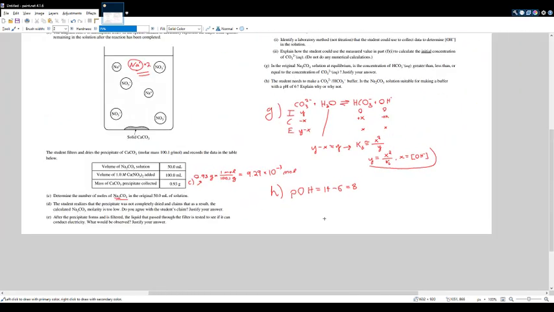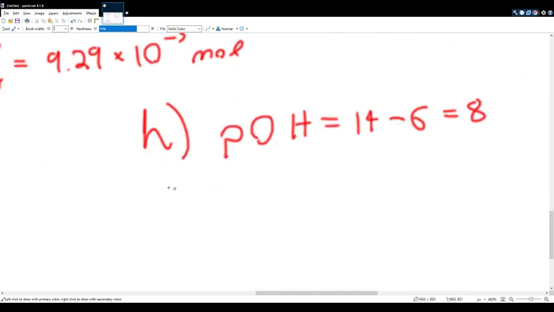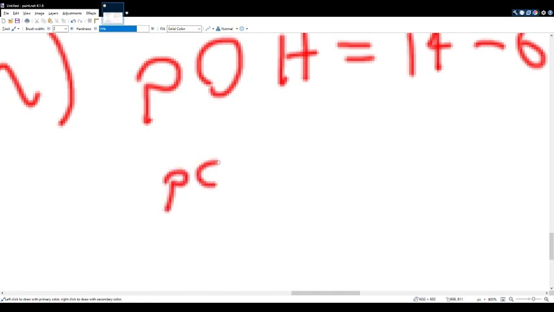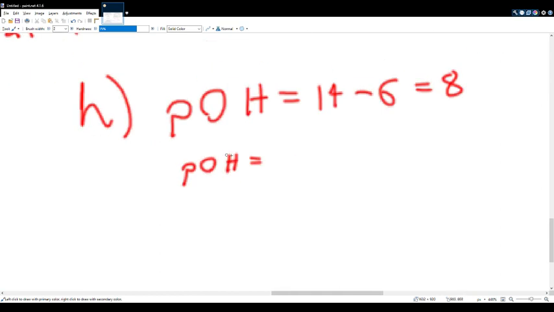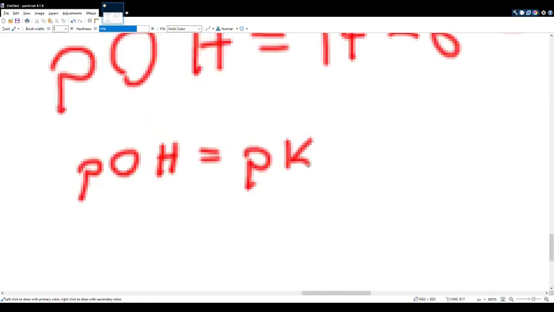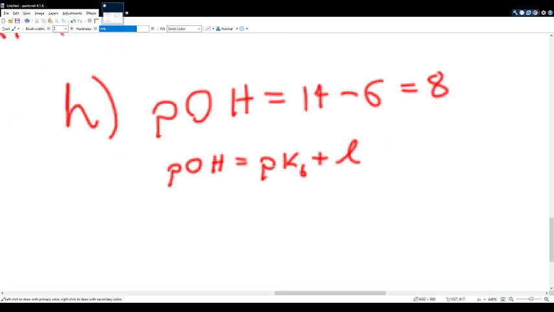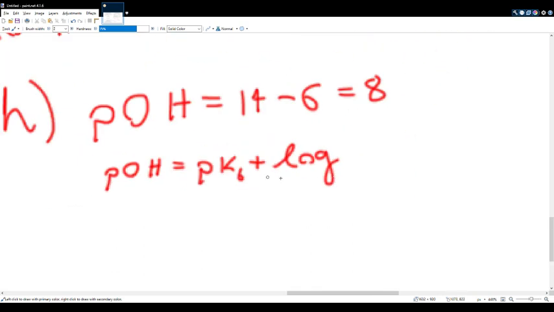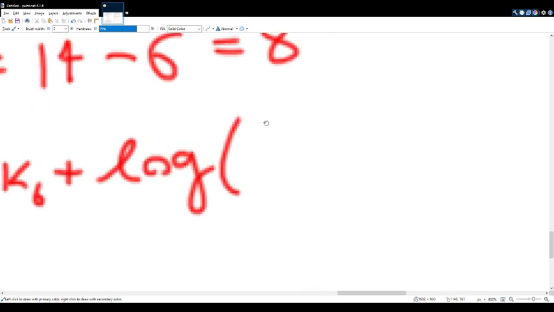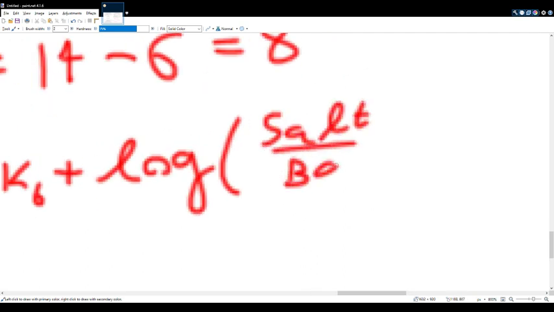And in a buffer solution, if you remember the formula for the pOH, it's pOH equals pKb plus the log of the salt over the base.